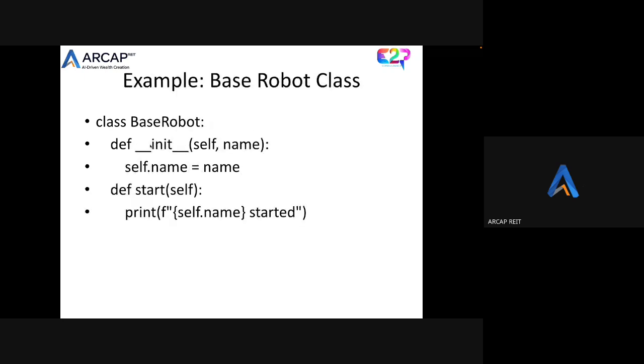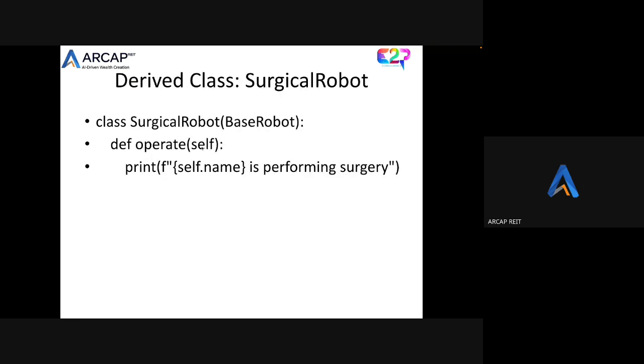So base robot has the name as well as a start function. When we are sending that to another class, all those properties will be derived to this class. So when we use this class, we can call the previous properties also. Here operate is the new method which is being called.